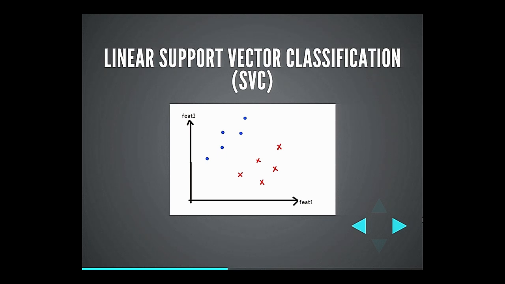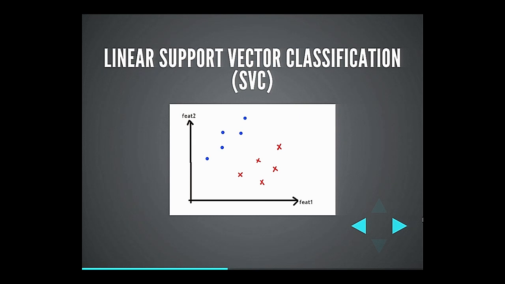And it so happens, because this is an idealized data set, that it falls into 2 linearly separable categories. So it makes sense to draw a line and say everything below this line I'm going to say is a red cross. Everything above the line is going to be a blue circle.